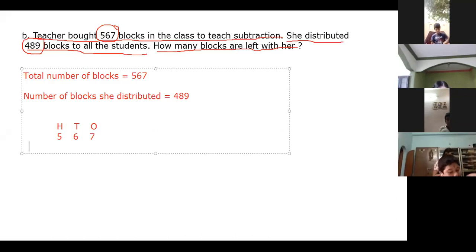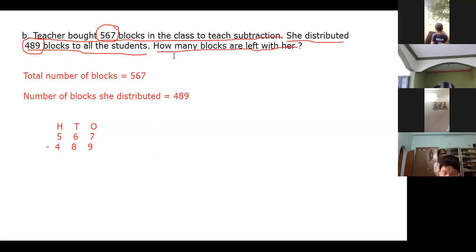Then in the next line, we'll write our next number with minus sign. That is 489. Now we have to subtract the given numbers. So we'll start subtracting them now.